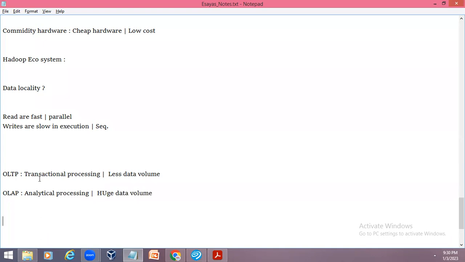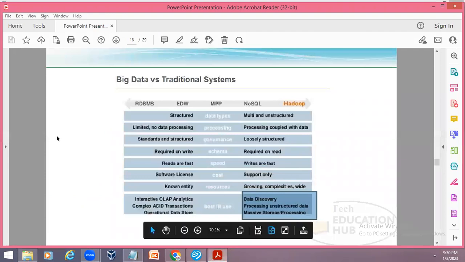So Hadoop is good for OLAP system only, and RDBMS can go with OLAP and OLTP both. Okay. Clear on this? Any question or doubt on this slide?